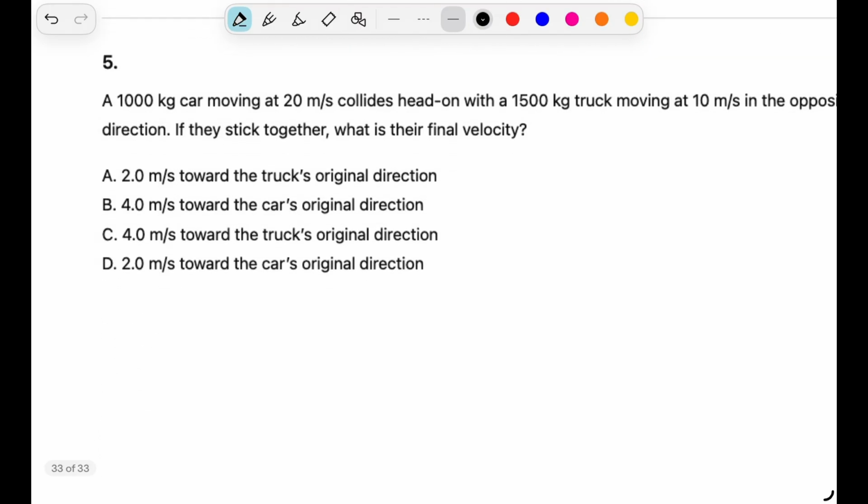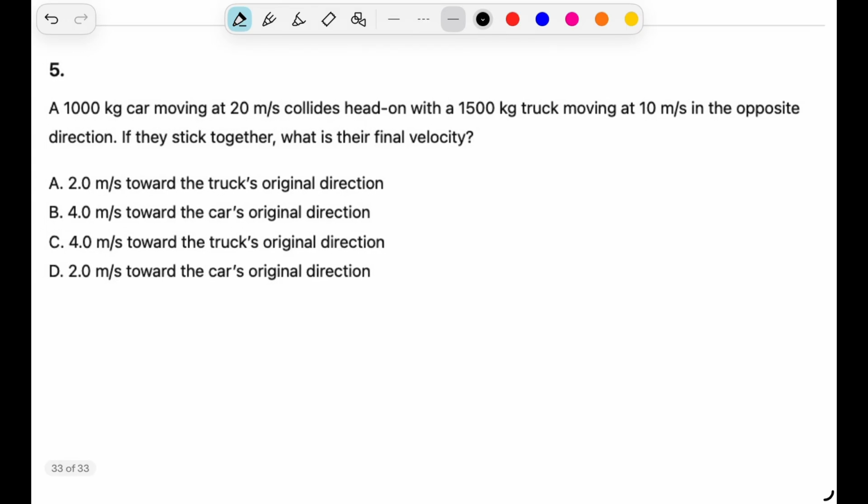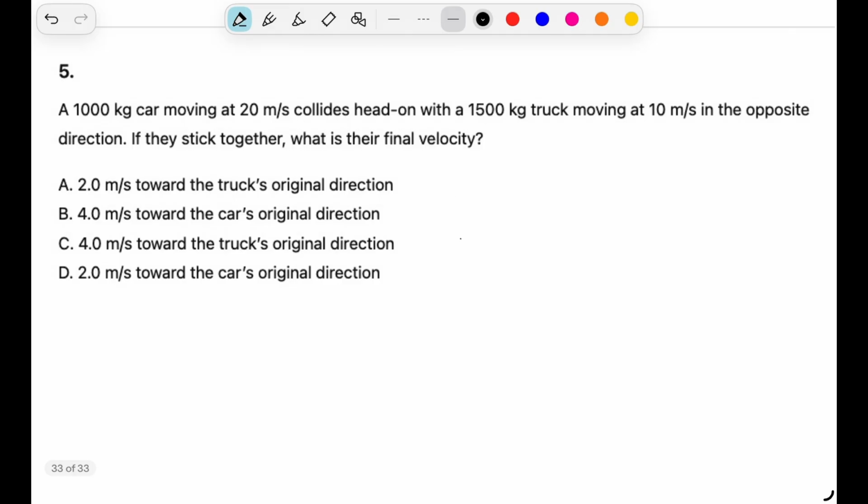A 1,000 kilogram car moving at 20 meters per second collides head-on with a 1,500 kilogram truck moving at 10 meters per second in the opposite direction.